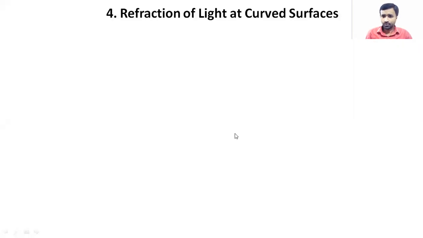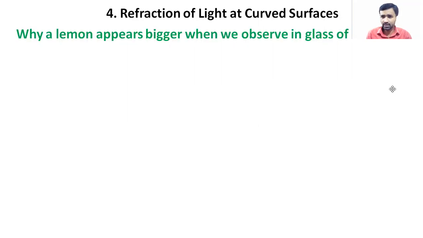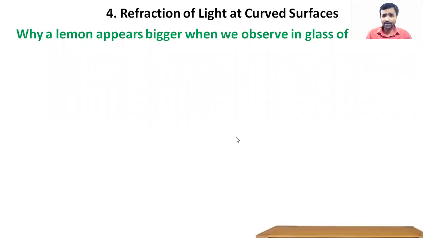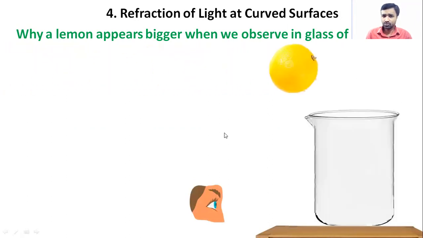Right, this morning we completed our discussion about why the lemon appears bigger when we observe it in a glass of water. Simply, if we drop a lemon into the water, the person is able to see it bigger in size.